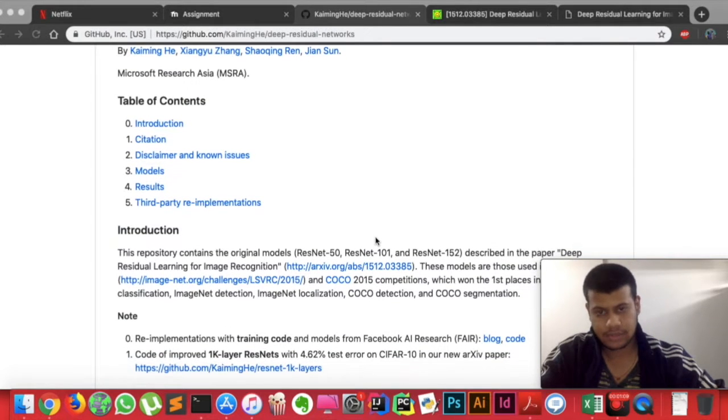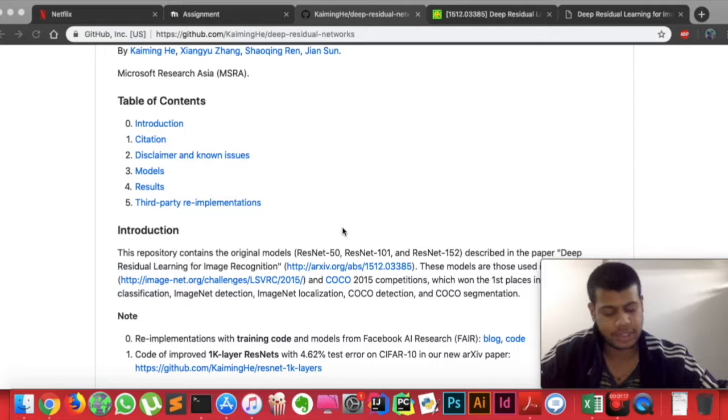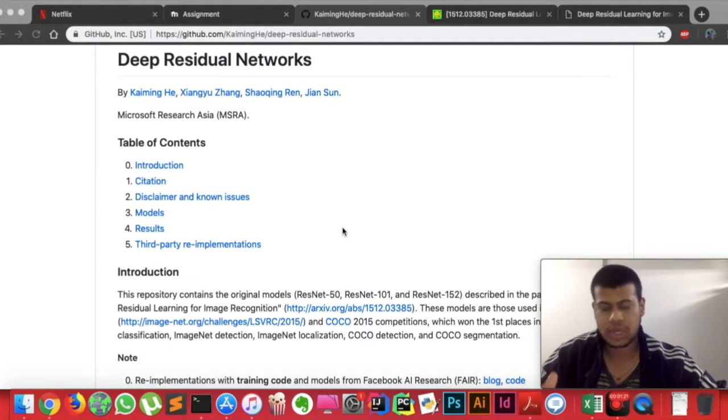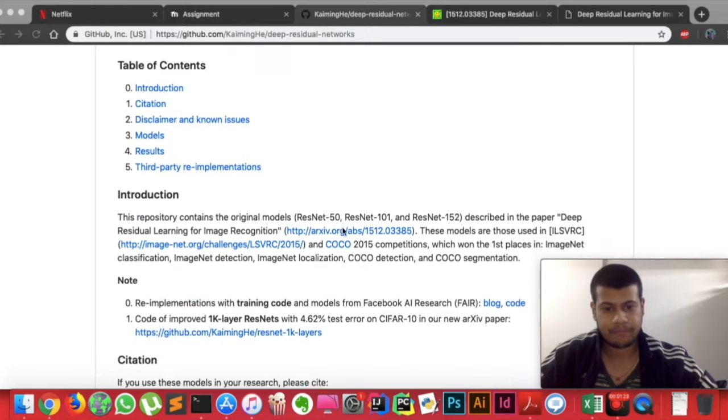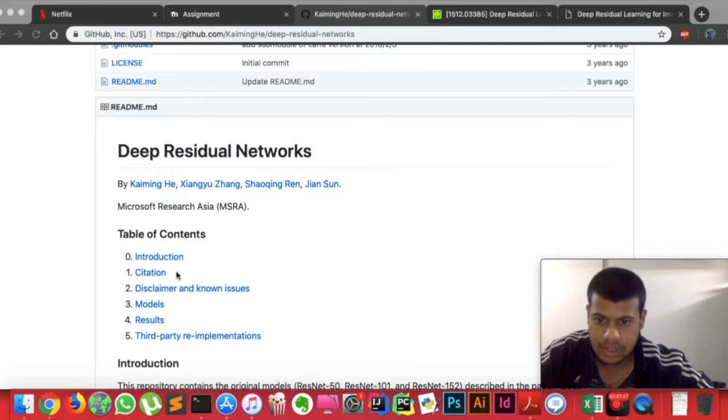What we see before us is a great residual learning framework to ease training of networks that are substantially deeper than before, and this has been used for image detection.